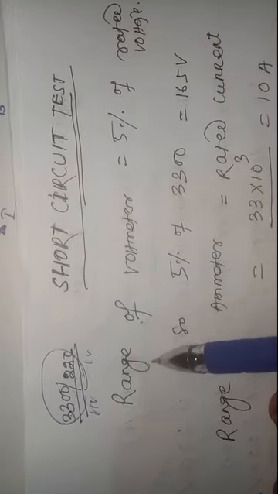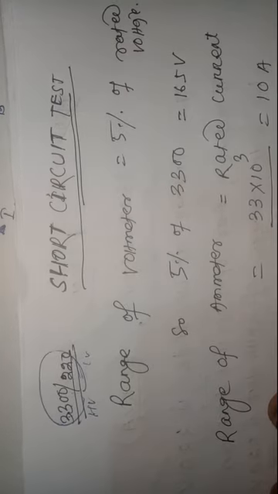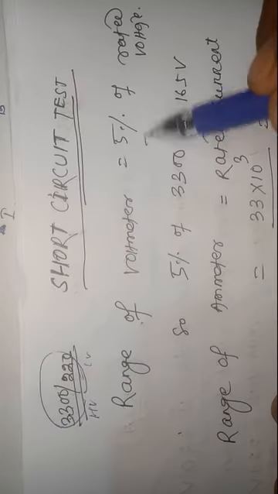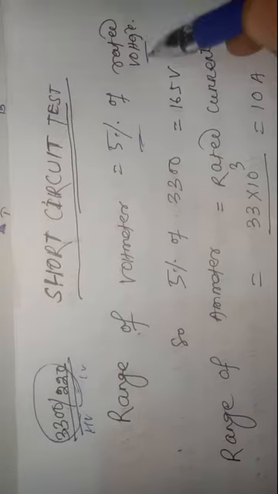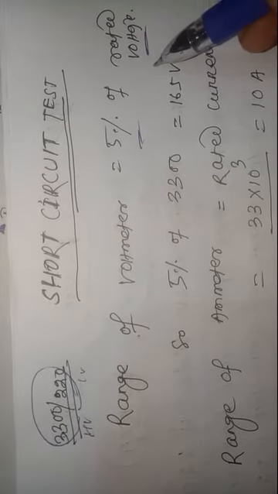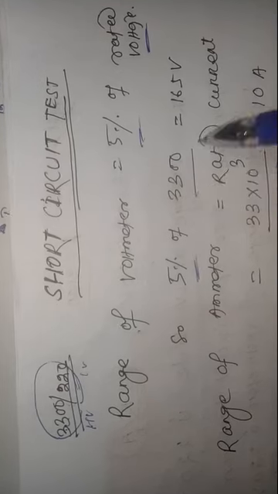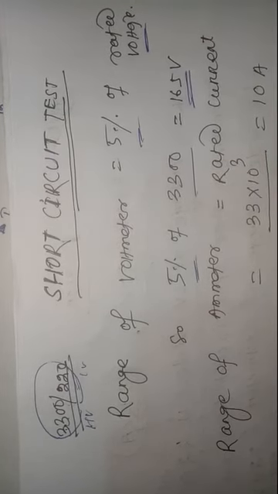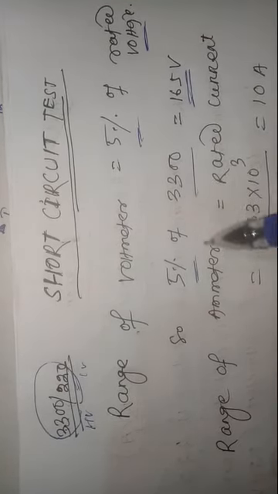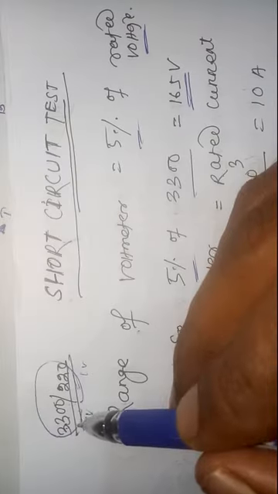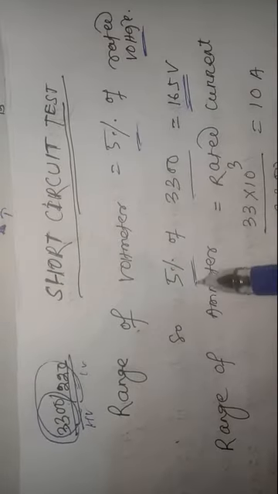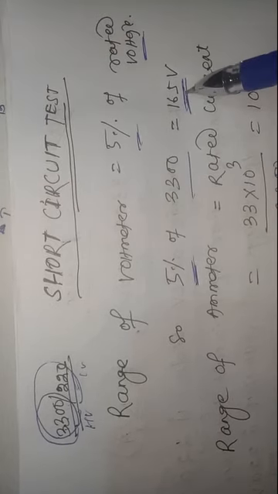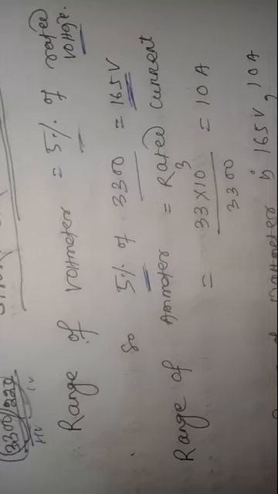If you consider the range of the voltmeter, this test is generally conducted at 5 to 10% of rated voltage. So 5% of 3300, it's because we have conducted the test on the HV side, so the voltage on the HV side is 3300, and 5% of 3300 is equal to 165 volt.